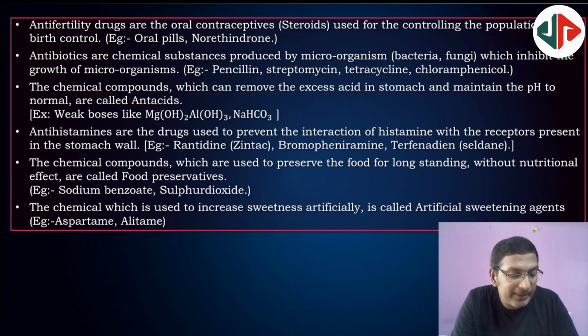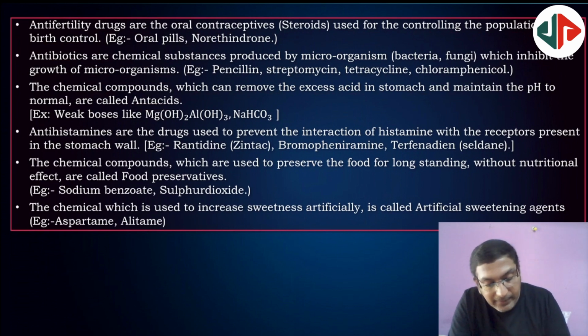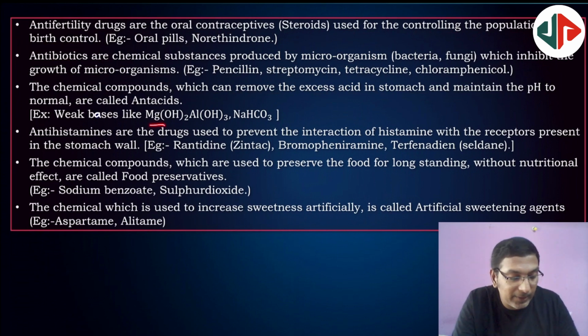So weak bases can be used as antacids. Weak bases like magnesium hydroxide, aluminum hydroxide, sodium bicarbonate can be used. Antihistamines are the drugs used to prevent interaction of histamine with receptors present in the stomach wall.